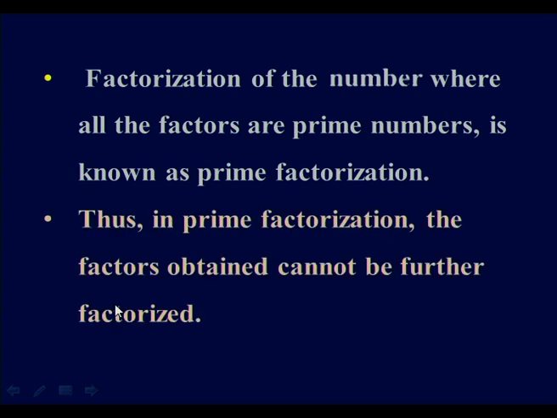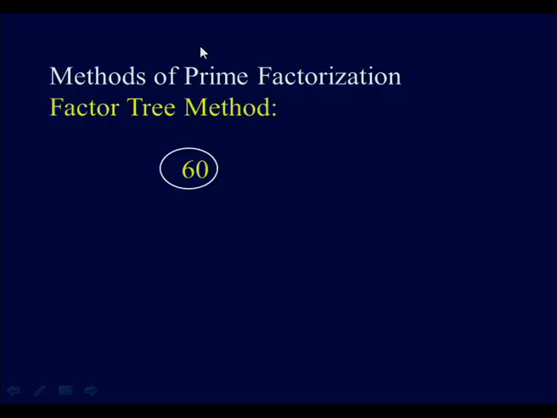Thus, in prime factorization, one more thing to be noted, that is the factors obtained cannot be further factorized. There are different methods to find the prime factors of a given number. So, let us see what are they.